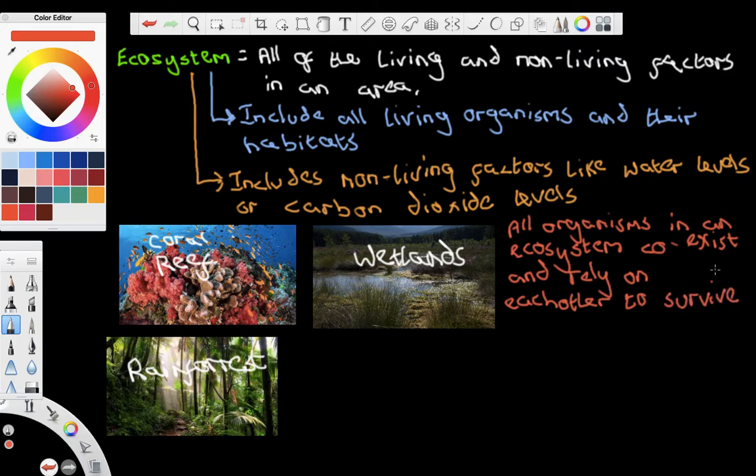Now, to answer our first learning objective, another key word that you need to know is the word habitat.